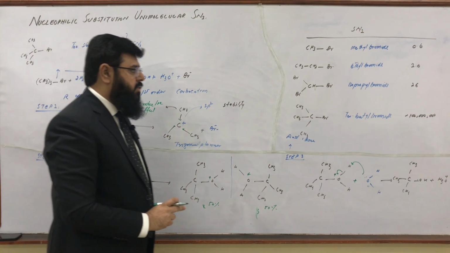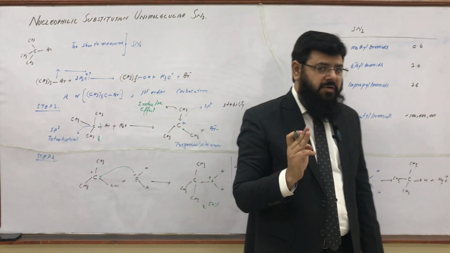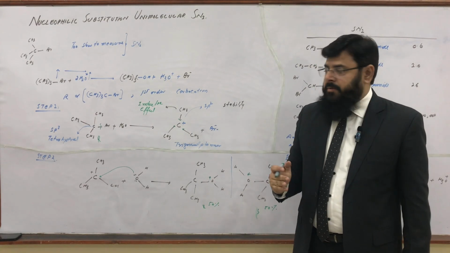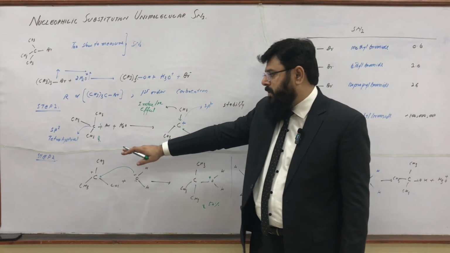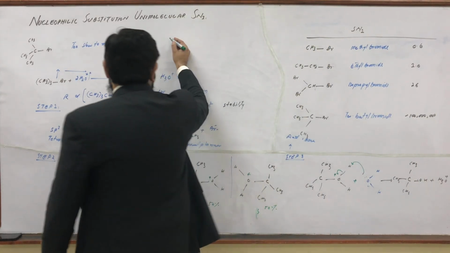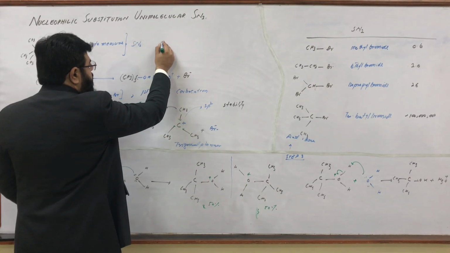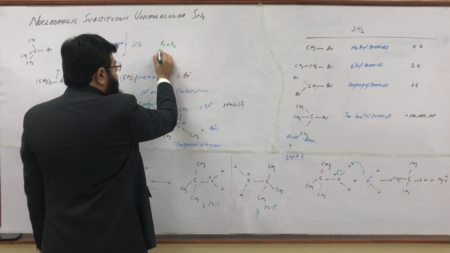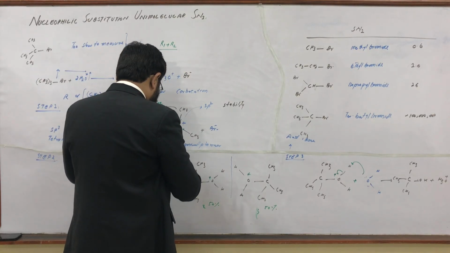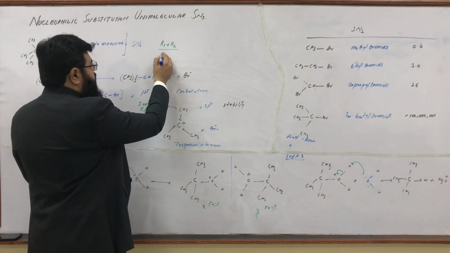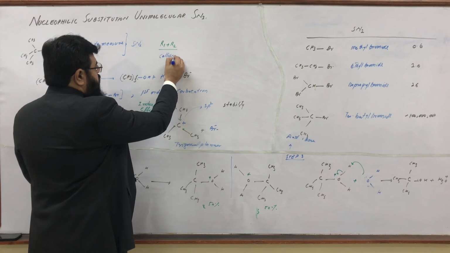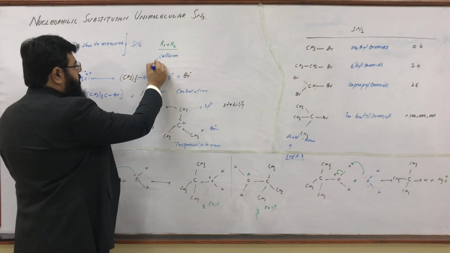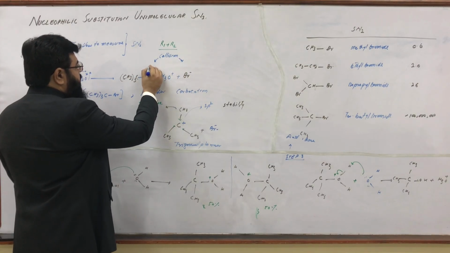In previous lectures, we discussed two terms. One of them was transition state and the other one is intermediate. When a reaction is happening, we have reactant 1 and reactant 2. When these two reactants combine, they collide with each other. There are two modes of collision: one is effective and the other one is ineffective.